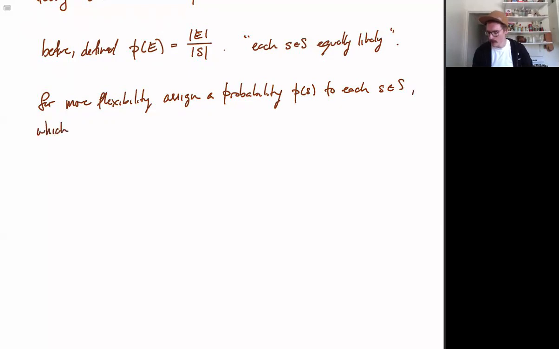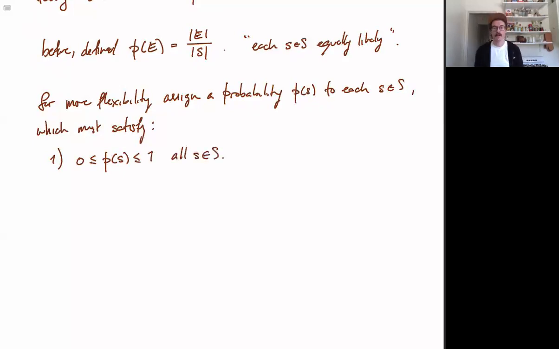We require that it must satisfy a couple of rules in order to behave like a good probability. So they're both quite simple, but let's write them down. So the first one is that each probability must be between 0 and 1. Fair enough. You cannot have less than 0 probability of doing something, nor can you have more than a 100% probability of doing something.